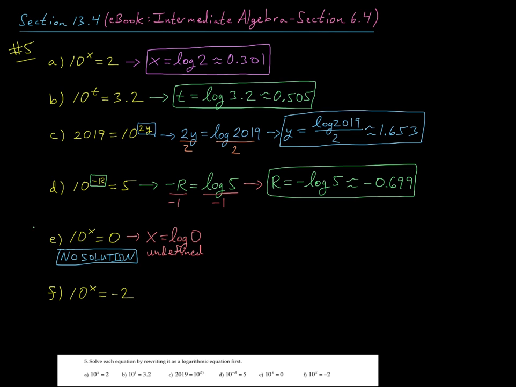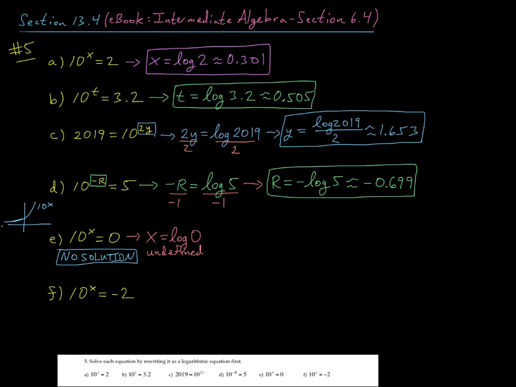Now if you go back to the sections on exponential functions, right? 10 to the x, it's going to look like this. And if I raise 10 to a large negative exponent, say like 10 to the minus 10th, that's going to give me a really, really, really small number.